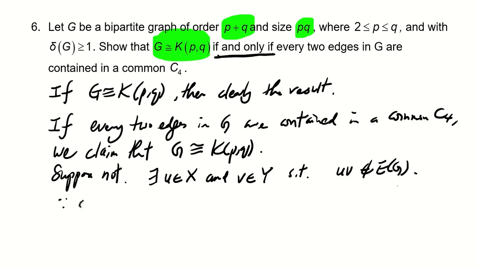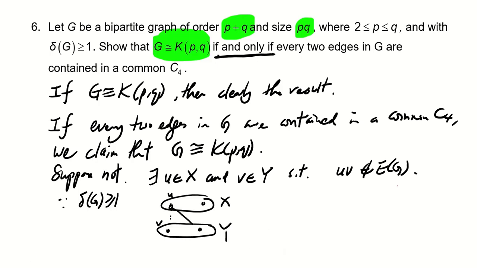Because the minimum degree of G is at least 1, u must be adjacent to some y in Y, and likewise v must be adjacent to some x in X. So there exist x in X and y in Y such that uy and xv are adjacent.